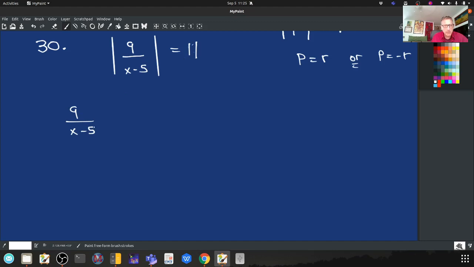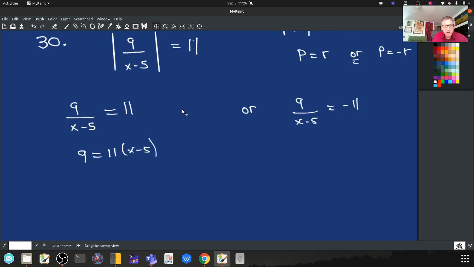So 9 over x minus 5 is equal to 11, or 9 over x minus 5 is equal to minus 11. So here what we want to do is multiply both sides by the denominator. When I do it on the left-hand side, it clears out the denominator. And over here I get 11 times x minus 5.